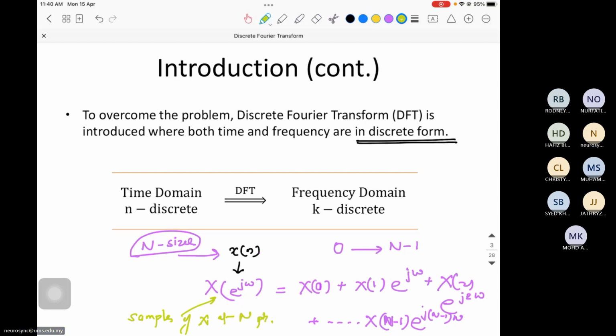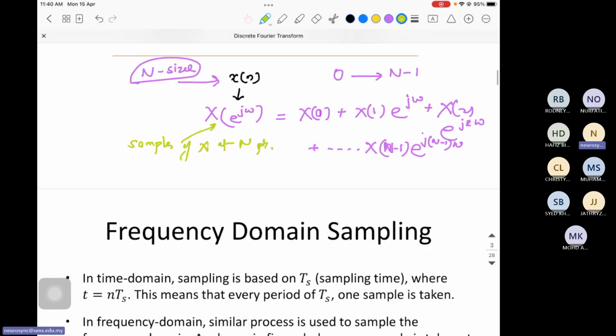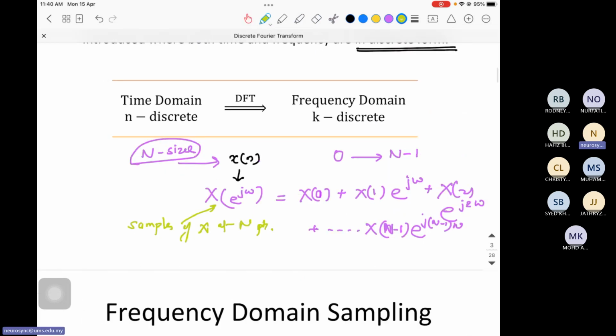Now when we write this in a discretized frequency domain, we can put subscript k here. So I can write X e to the power j omega k here, and this k will vary from 0 to N minus 1.